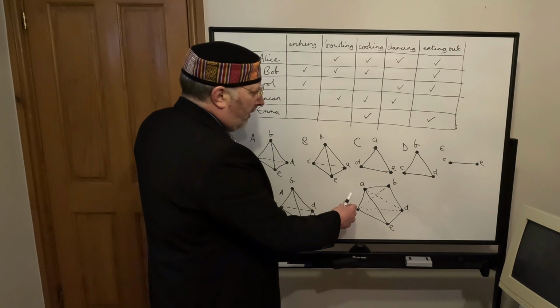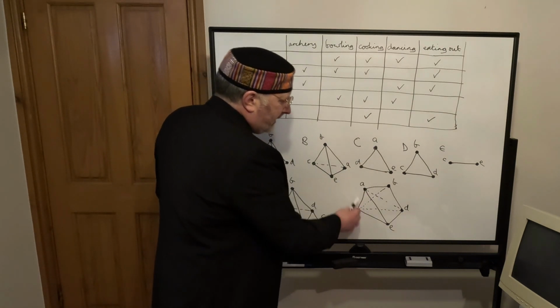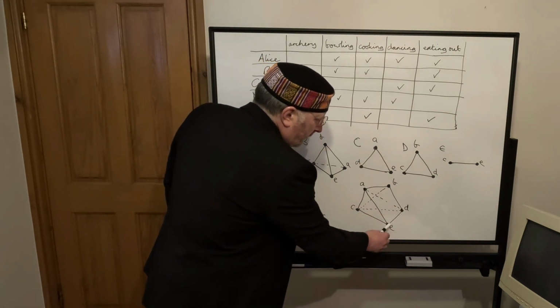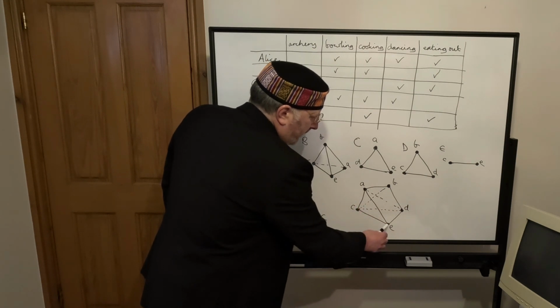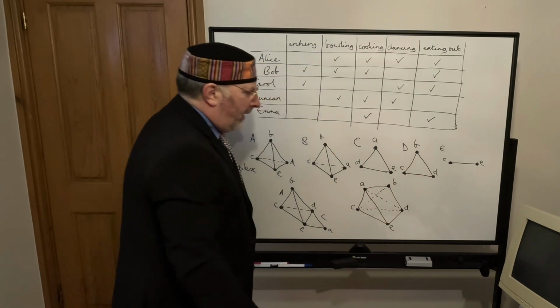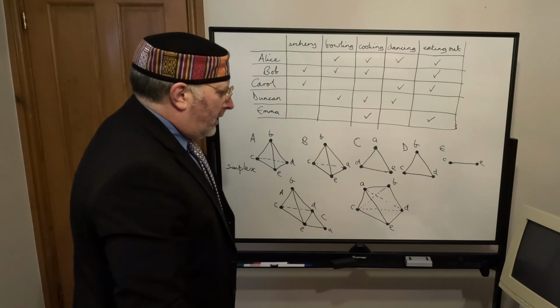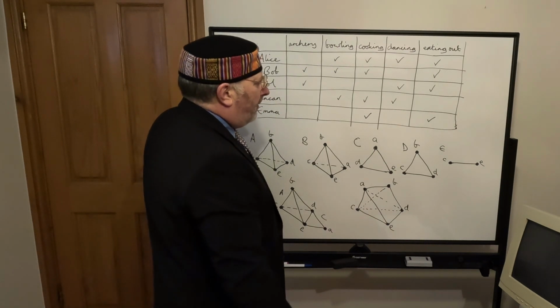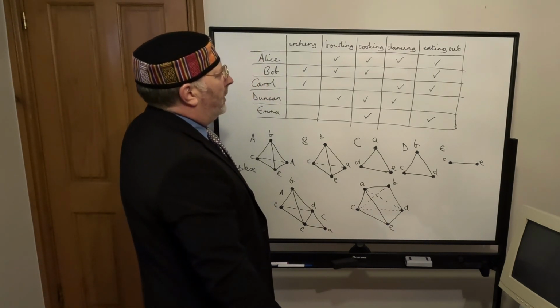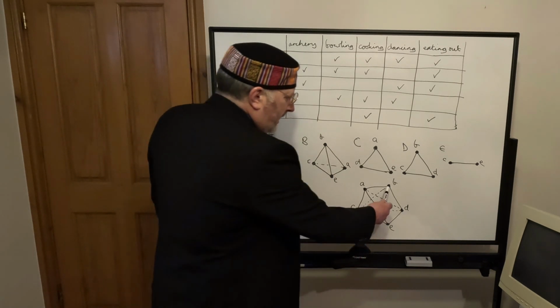You can see, for example, here's Carol, ADE. So she's that triangle in there in the figure. But we've also got, for example, the triangle BDE.